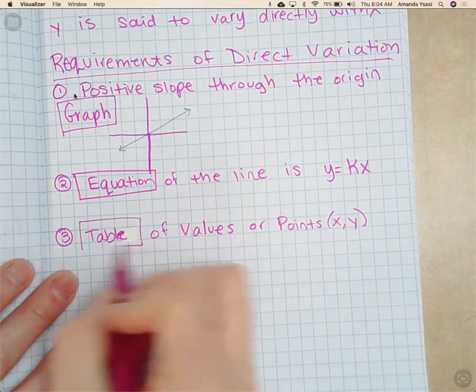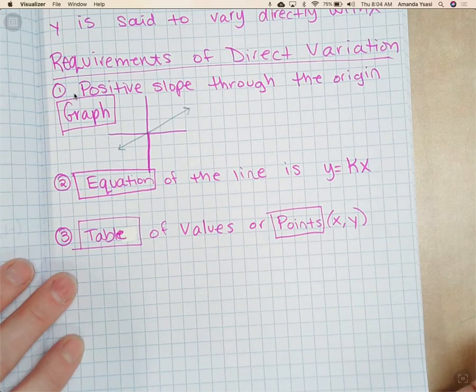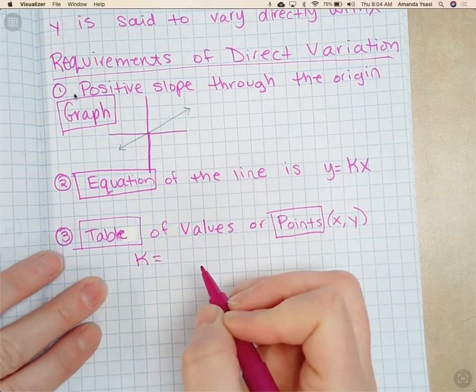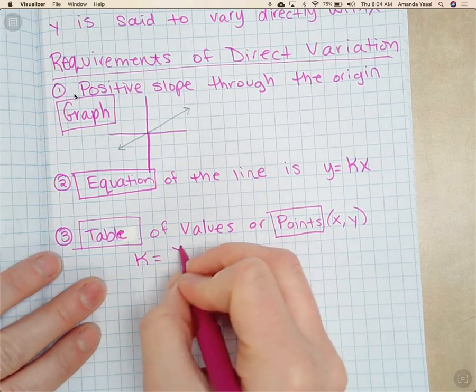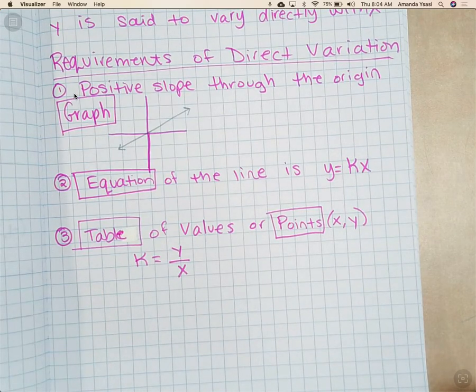So I'm going to put table or points on the line, or if they just give you the points, you can find the k value by dividing y over x. You don't have to do change of y over change of x. It's just y over x to find your constant of variation.